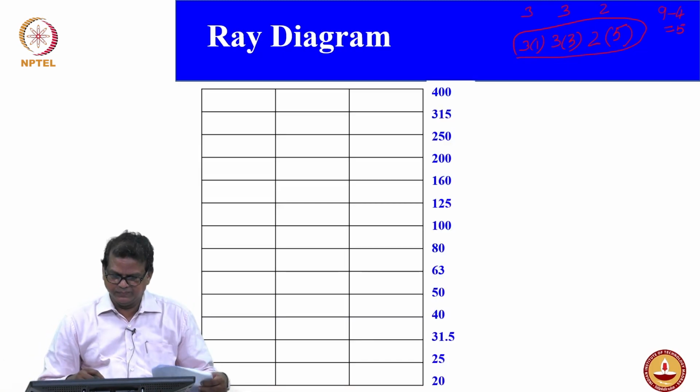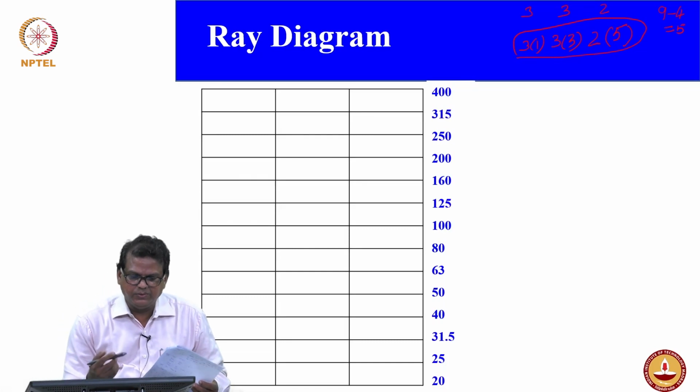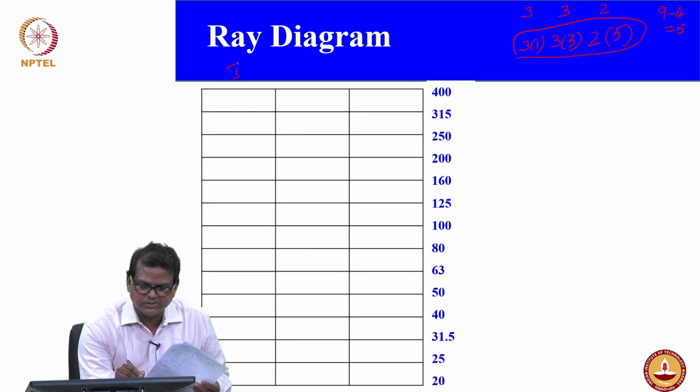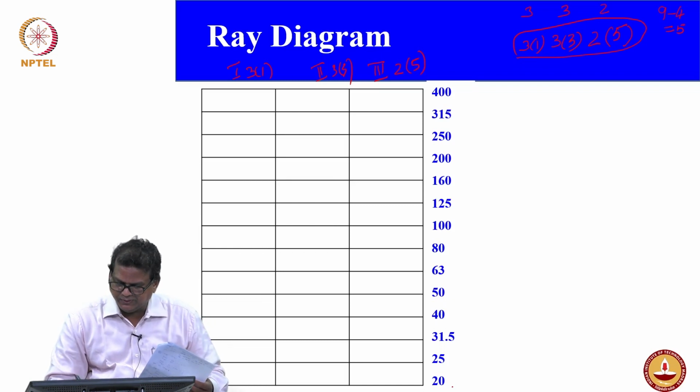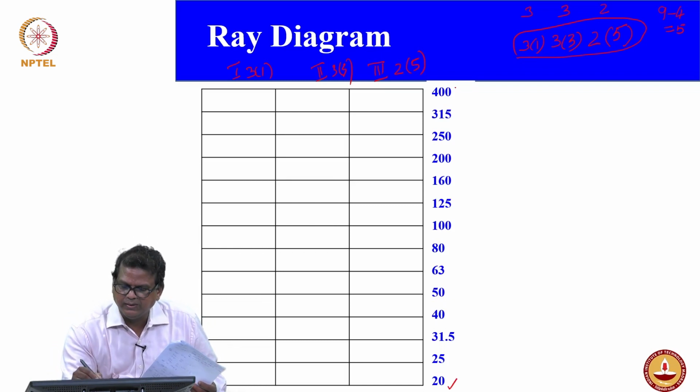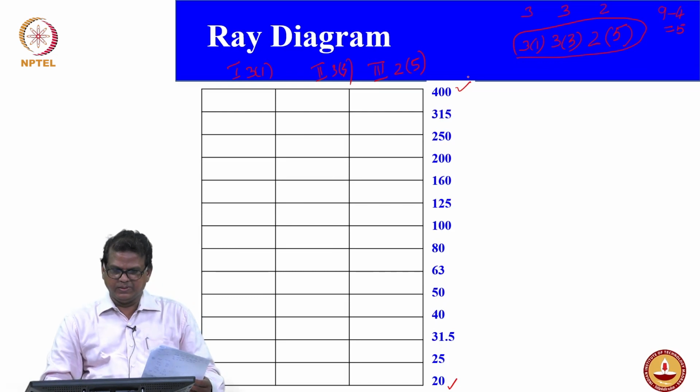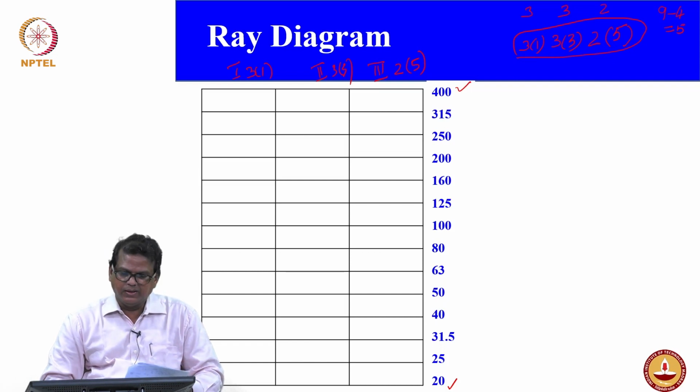You can see here, this is your first stage, this is your second stage, and this is your third stage. 3 of 1, 3 of 3 and 2 of 5. The minimum speed is 40 rpm, clearly given, the maximum is 400 rpm, and the motor speed is also given to you.